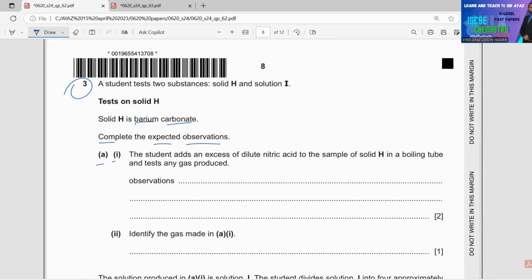So nitric acid, it will react with the carbonate. So you write nitric acid plus barium carbonate.